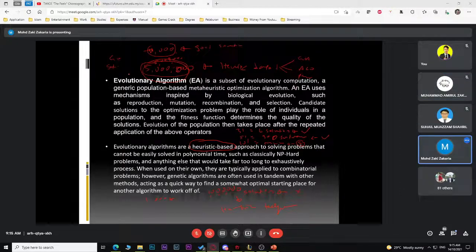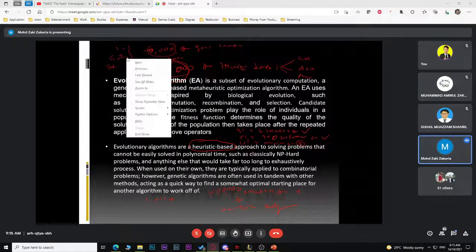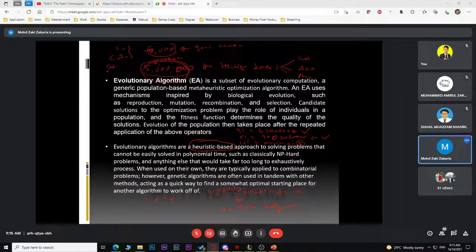Faham. You pick up from the 5 million solutions, then from the first iteration and the second iteration you do the comparison of solutions. Contohnya, if the solution at iteration number 1 is better than the solution at iteration number 2, then iteration number 2 you just remove, you just consider iteration number 1. That's why we keep updating the result till the result is perfect. Faham tak? Faham lagi kot.